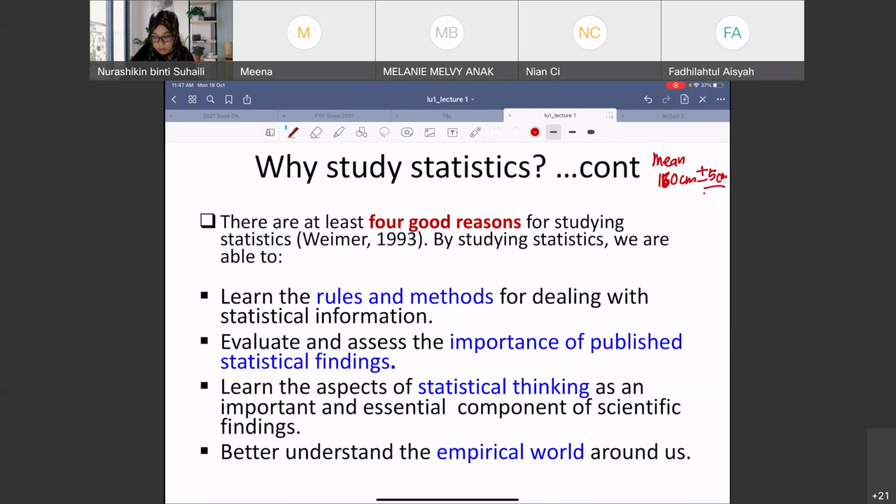What does it mean? Plus minus 5 cm. When we normally present data, we present the mean value, and sometimes you might notice that it is accompanied by plus minus 5 cm, as your friend said just now.